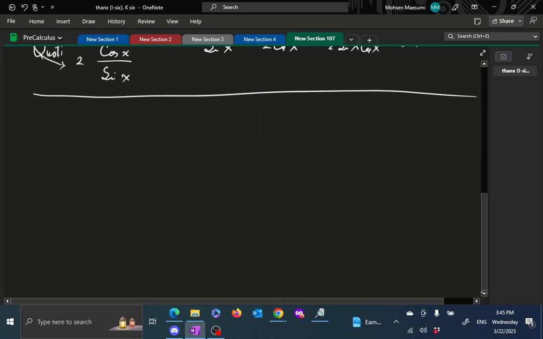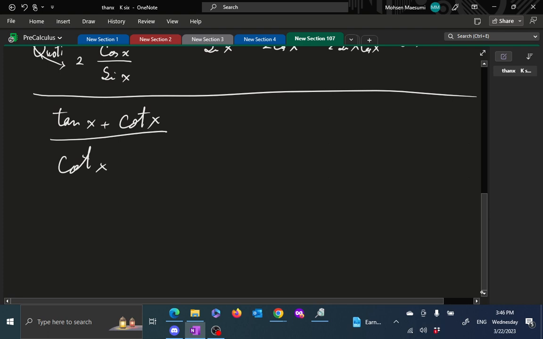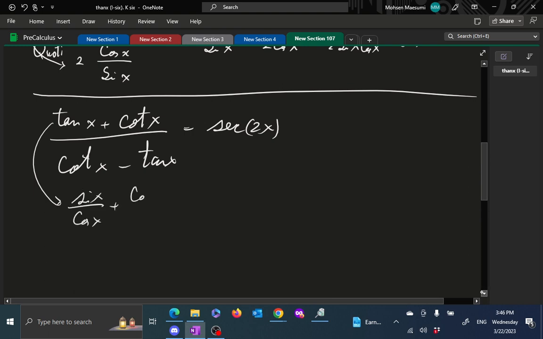Over there we had tangent plus cotangent over cotangent minus tangent, and we want to show this is the same as secant of 2x. One idea is to use the ratio identity. Tangent is sine over cosine, cotangent is cosine over sine.